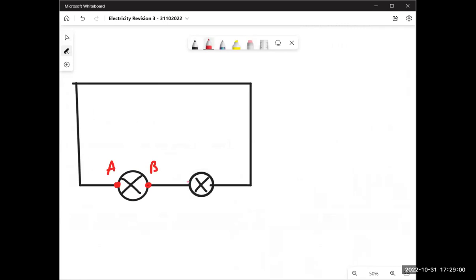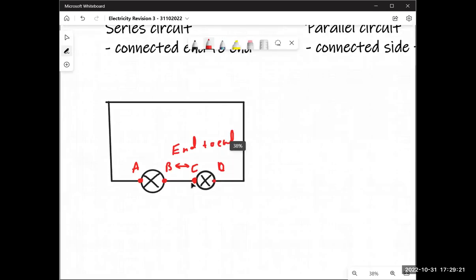What are the ends of these guys? This is B and C. No, not B and C. Let's say C and D. Fine. Now, are they connected end to end? Each end is next to each other, right? Yes. This is called end to end. That means it's in series.